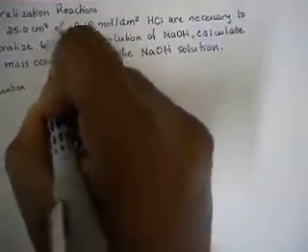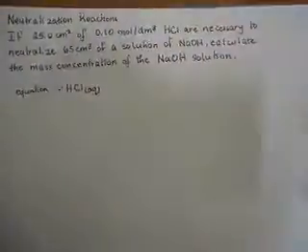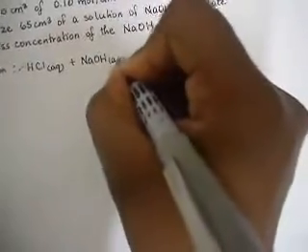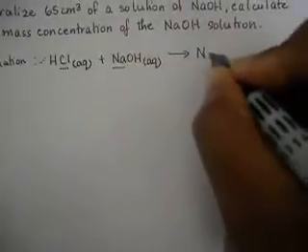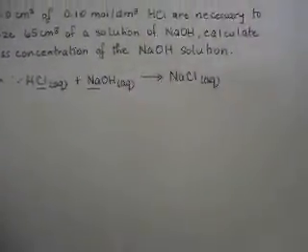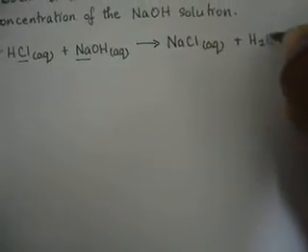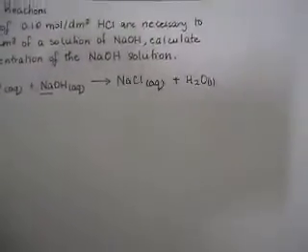The equation is such that HCl, which is aqueous, plus NaOH, or sodium hydroxide, which is aqueous, will react together. Sodium chloride will be made, which is aqueous. Basically, that's salty water. And then we're going to have water being given off, which is the neutralization factor.